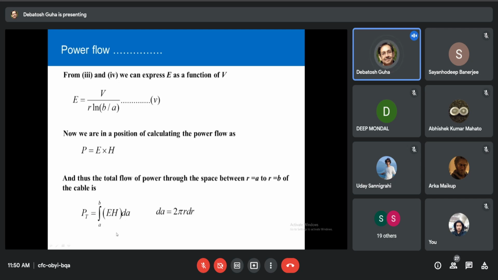That is the total power flow. And you know from your very fundamental mathematical expression, dA equal to 2π r dr. dA means the area per unit length. So over unit length, 2π r dr. So that is your total area.